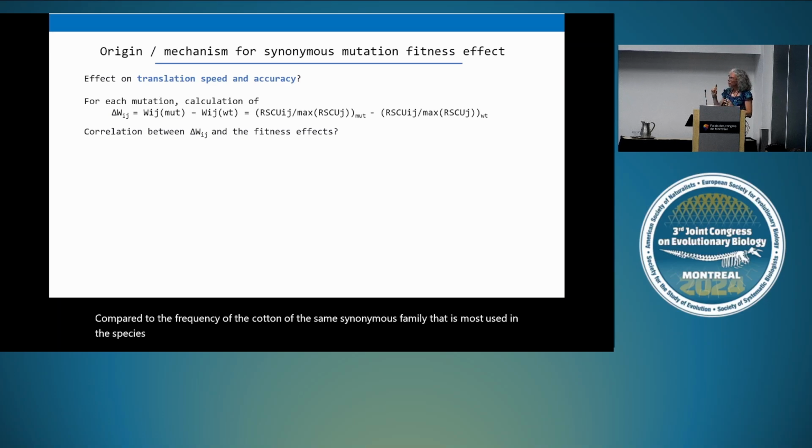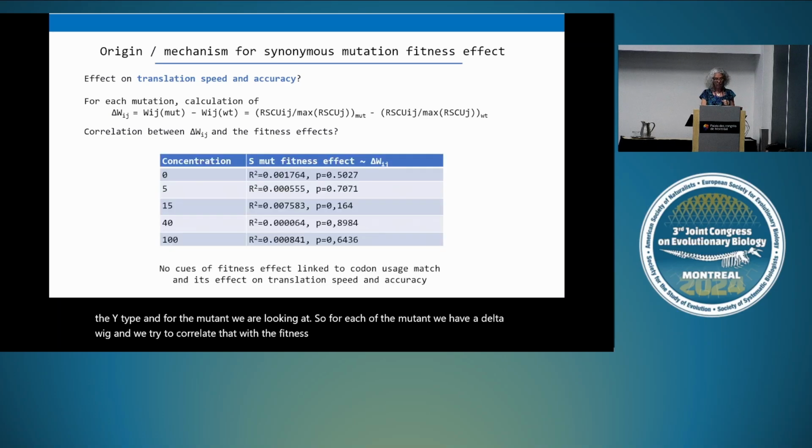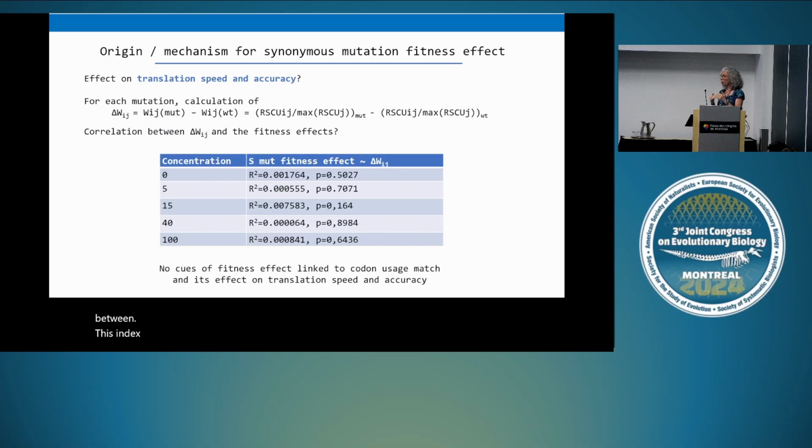And so we calculated delta W, which is the difference between this coefficient for the wild type and for the mutant we are looking at. So for each of the mutants, we have a delta W, and we tried to correlate that with the fitness effect. And there is absolutely no correlation between this index of codon match and the fitness effect. So we have, for now and in this data set, no cues of a fitness effect that is linked to the codon usage match.